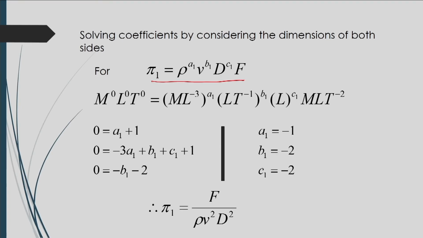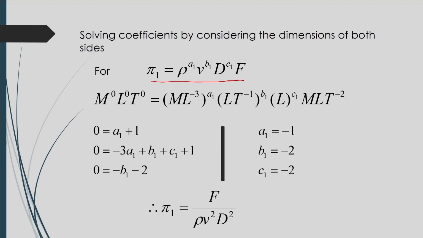Then consider the dimensions of all these variables on the left hand side and the right hand side. On the left hand side, since phi 1 is a dimensionless group, no dimensions will be there. We can represent it as m to the power 0, l to the power 0 and t to the power 0. What does it mean? There will be no dimensions here.